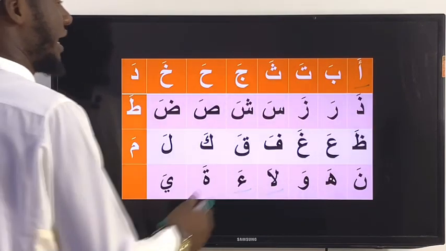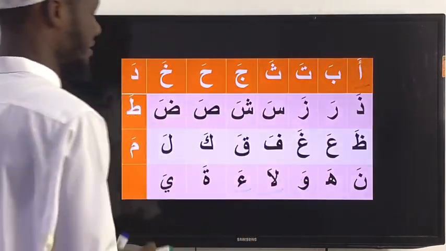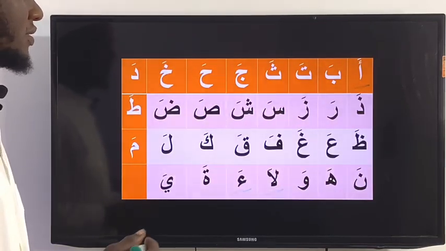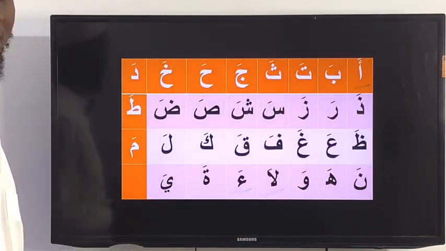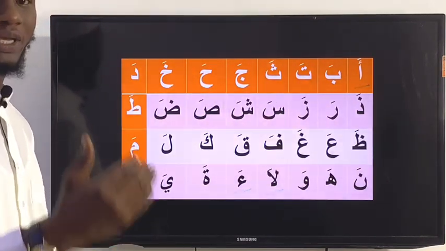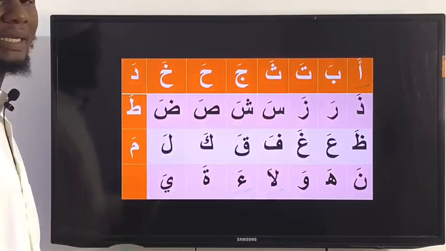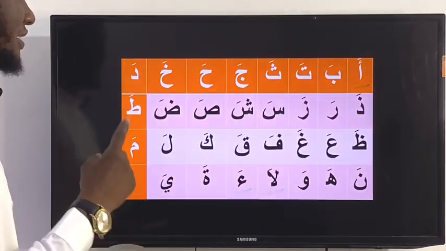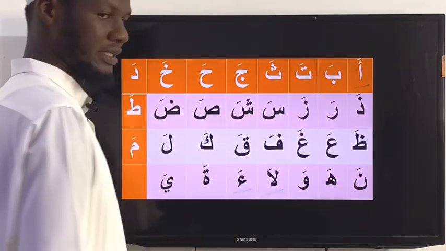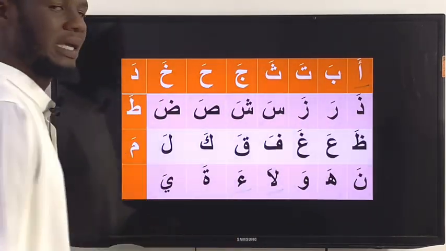Now, letter alif is the same as hamzat. Of course, in some two or three lessons to come, we'll be dealing with upper and lower cases, and that is when you will understand this better. However, I just want to make it very clear that letter alif is the same as letter hamzat.